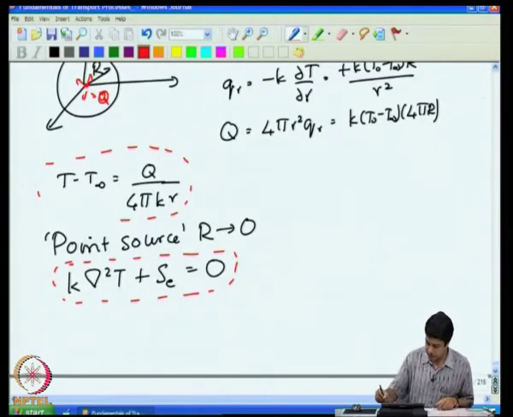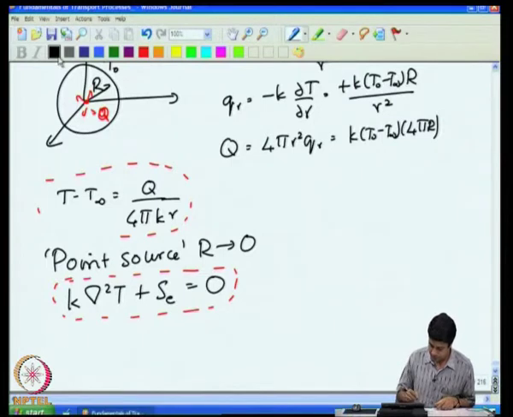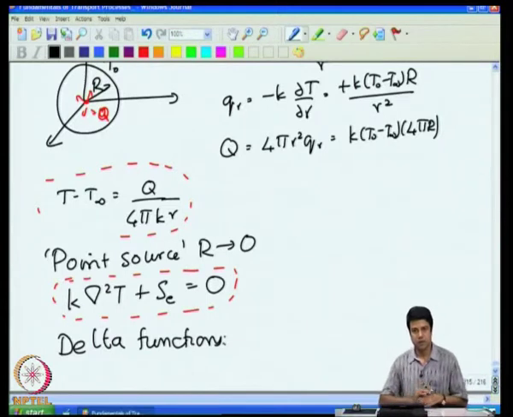This is done by defining something called delta functions. If you define a delta function in such a way that it is non-zero only at the point at the origin, it is 0 everywhere else, and the total amount of heat coming out is Q, then we can define that as the source within this equation.